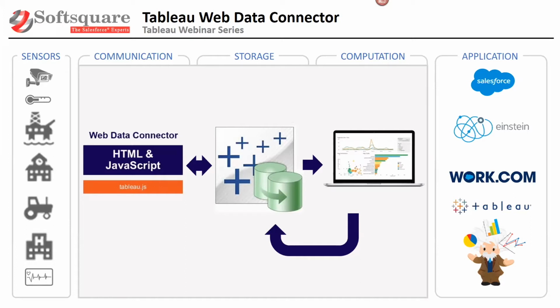So we're going to take a look at the life cycle of the Web Data Connector, and then we're going to look at 2 live demos today. One is going to be an IoT demo based on fitness data, and another one is going to be data that we pick from the federal government vendor database using the web API, and we look to see if a specific vendor is active or inactive in the federal government database.